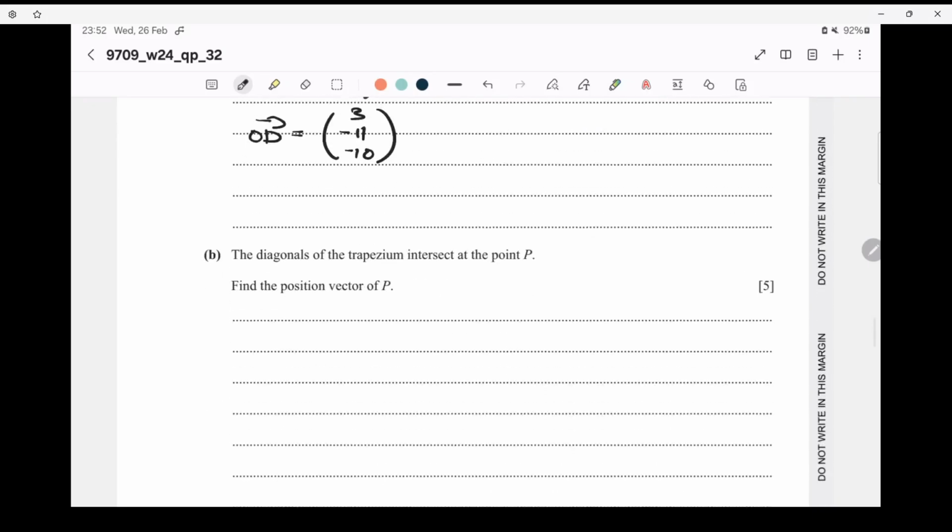So the diagonals intersect at point P. Find the position vector of P. So let's say this is your trapezium. Okay, it doesn't convert, so I have to draw line by line.